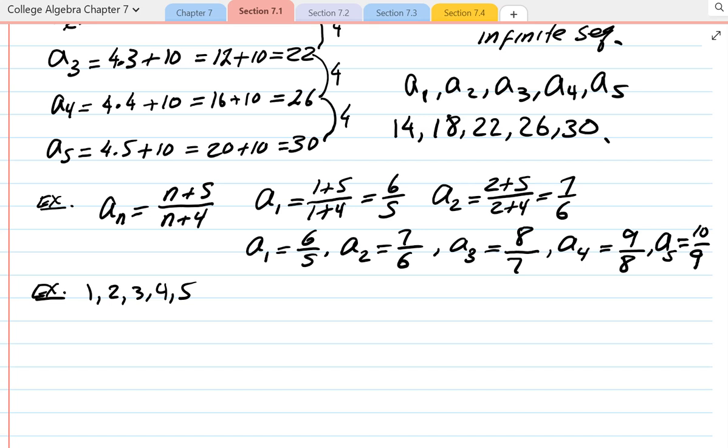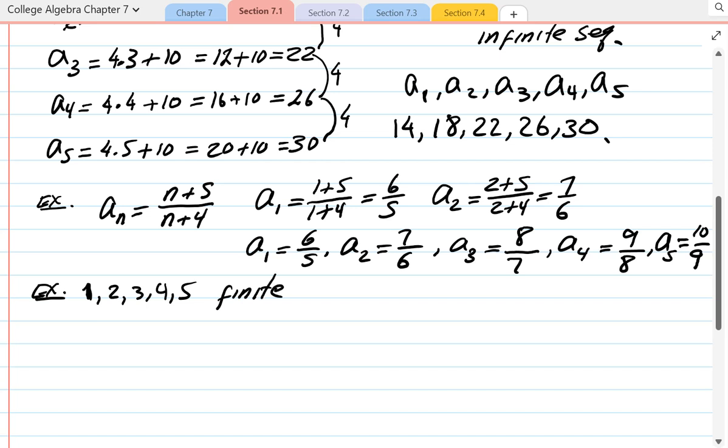So for this one, again, we want to decide whether each sequence is finite or infinite. The fact that the term ends with 5 means there are 5 terms. It terminates, there are no dot dot dots at the end. The absence of trailing dot dot dots tells me that this is a finite sequence. So we're going to write this one as finite.